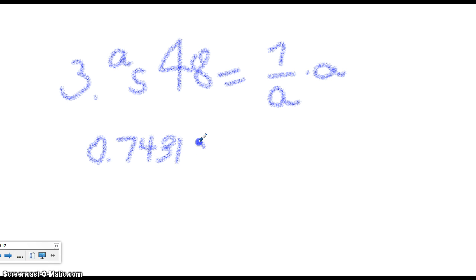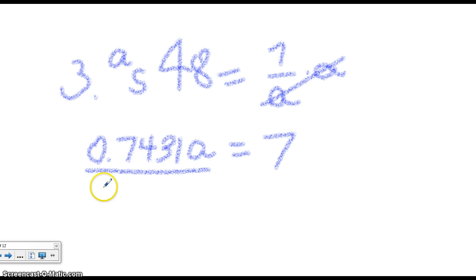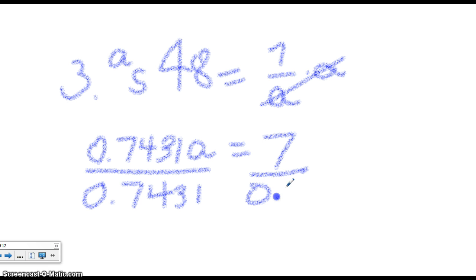0.7431. That got multiplied by A. Over on the right hand side, those A's canceled out, equals 7. One more step in this one than the previous problems that we had to do. Divide both sides by 0.7431.